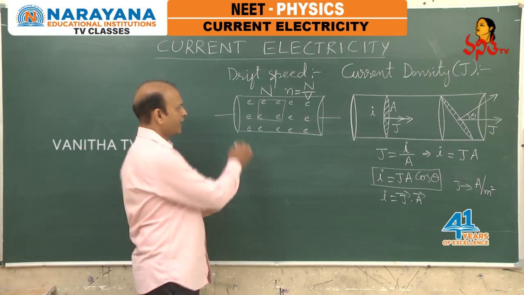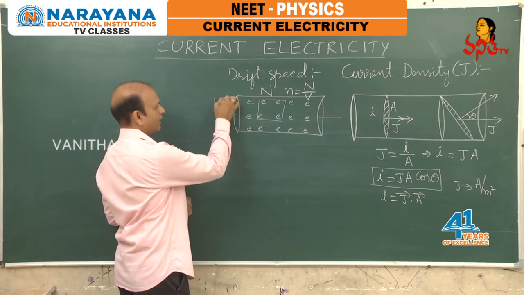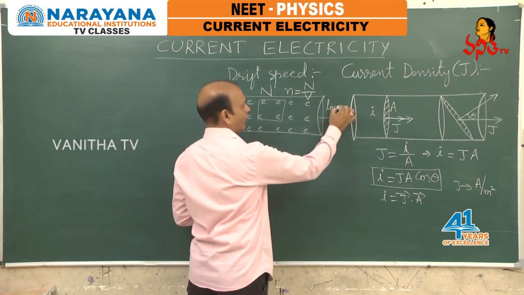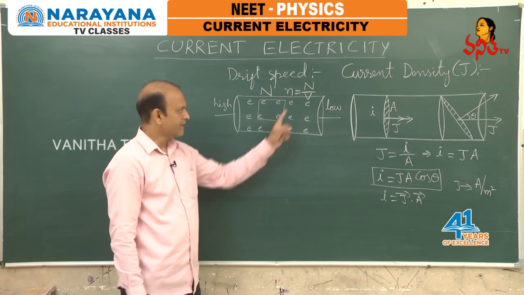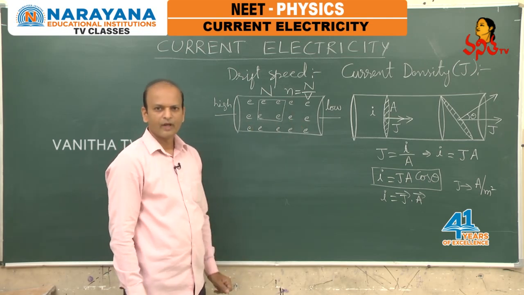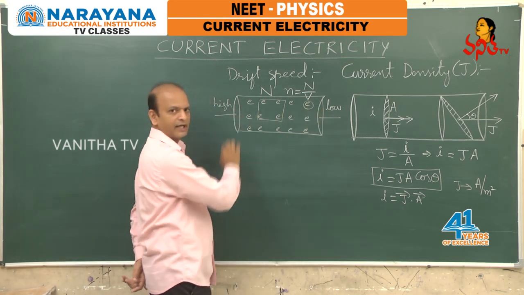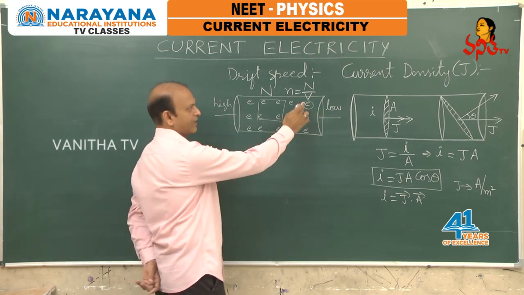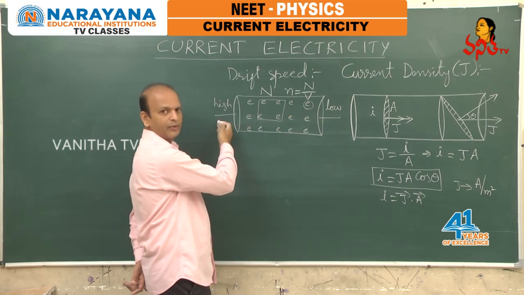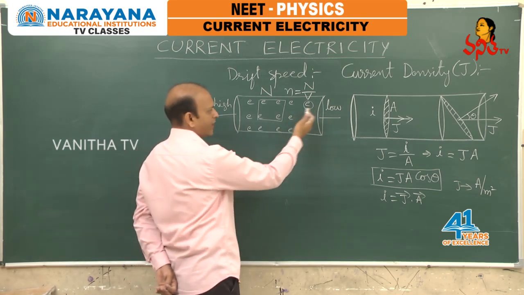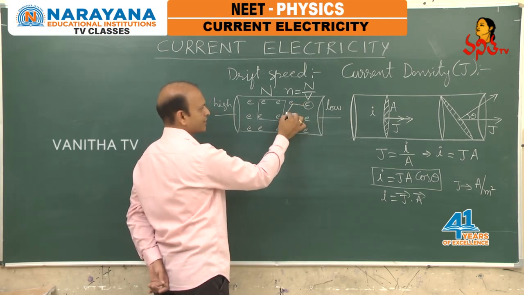Now, when we apply high potential at one end and low potential at the other end, these electrons start moving. How do they move? The electrons will not move in a straight line. Electrons are negatively charged particles, therefore they will be moving from low potential to high potential. When they are moving, they undergo many collisions.